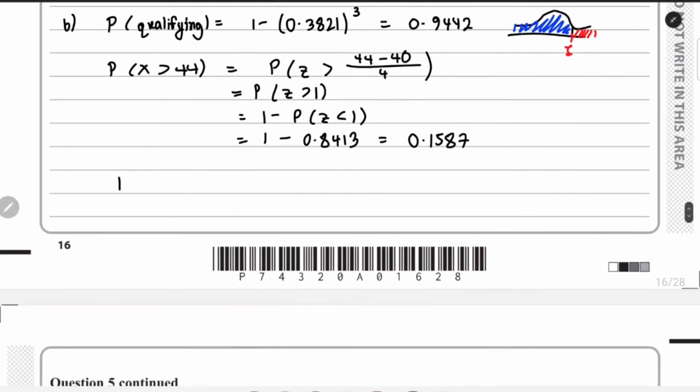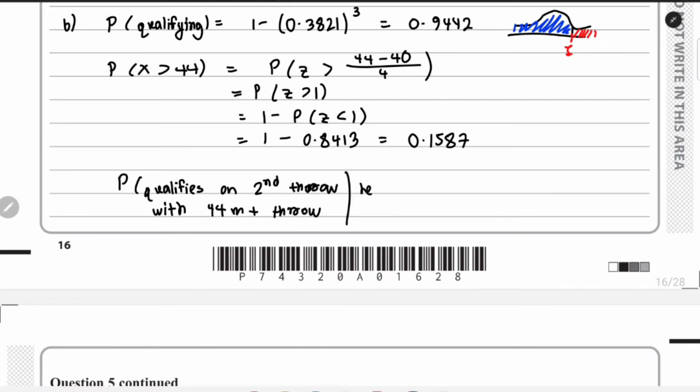So the probability that we need is that he qualifies on the second throw with a 44 meter plus throw, given that he qualifies.